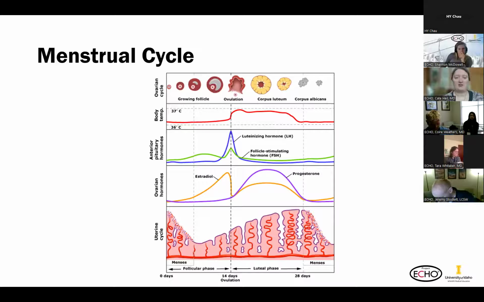And there are different hormones that cause that to happen, like a spike in LH, or luteinizing hormone. And then estrogen will go down while progesterone goes up during this luteal phase. And then the menstrual flow again starts on day one. So again, the luteal phase is the phase of the menstrual cycle between ovulation and the start of the menstrual flow.